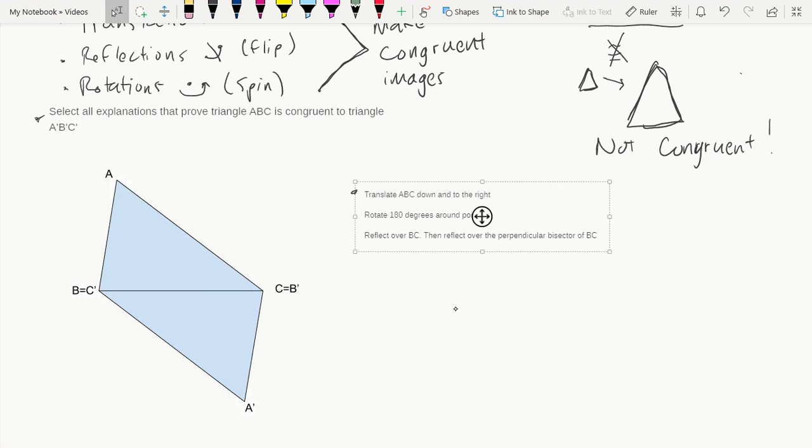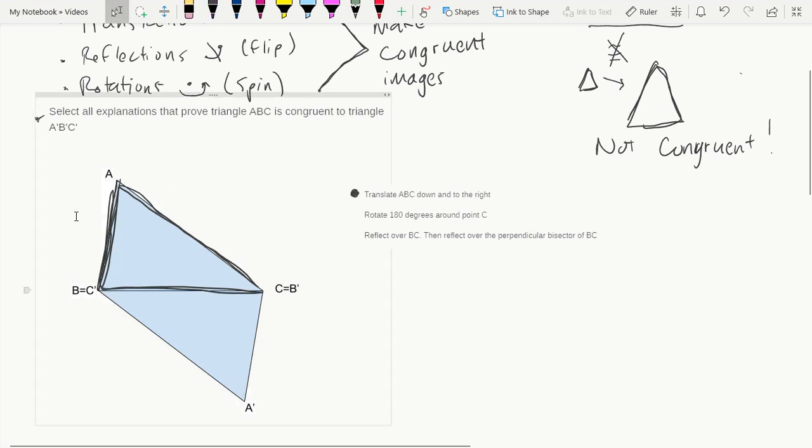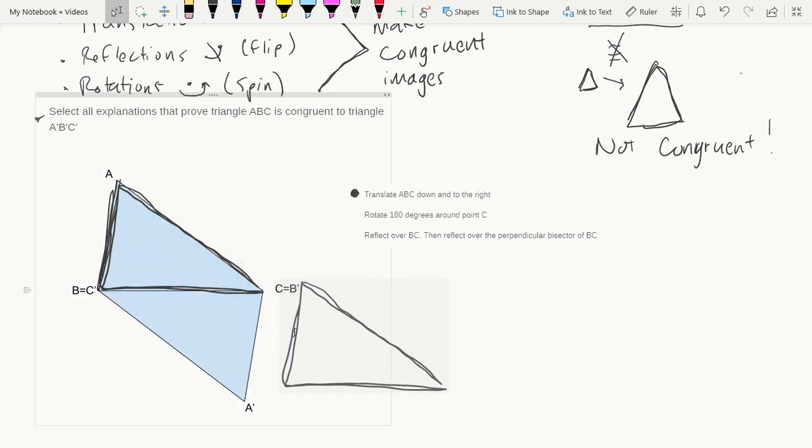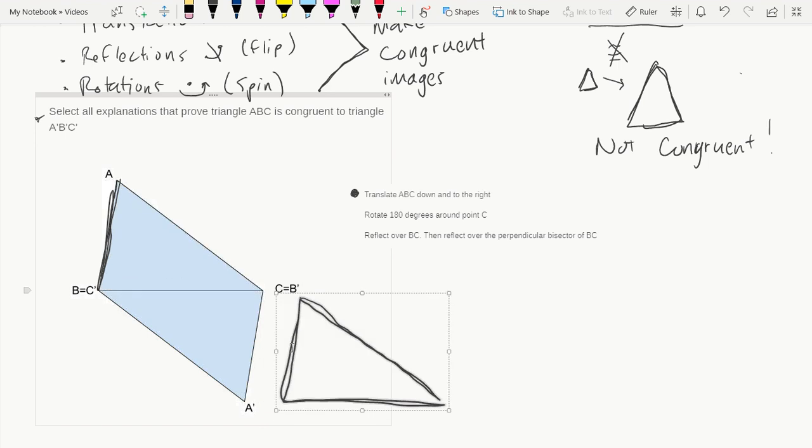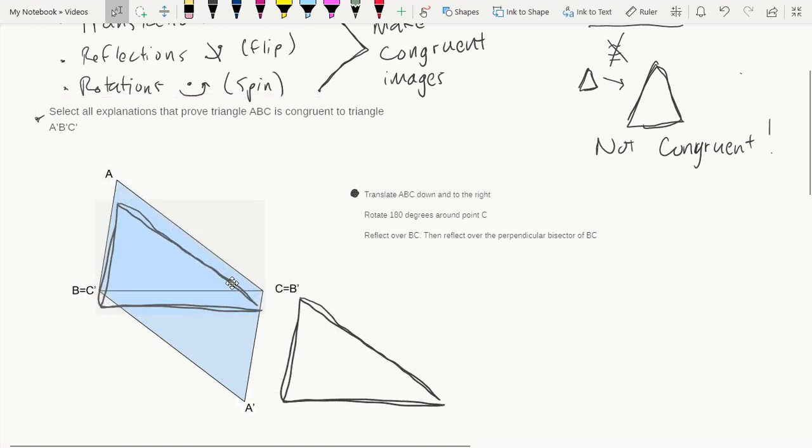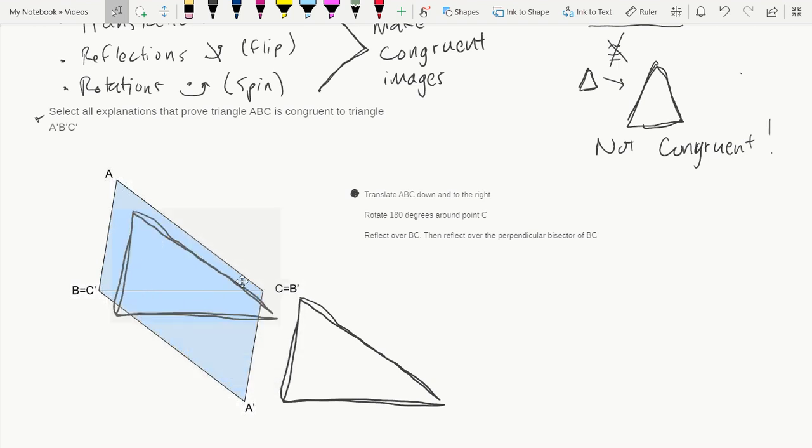Let's see. If I translate ABC down and to the right, so let's take ABC. Here's A, B, C. If I translate it or slide it down and to the right, if all I do is slide it, I don't see any way that just sliding it is going to allow me to make this land on the other triangle.